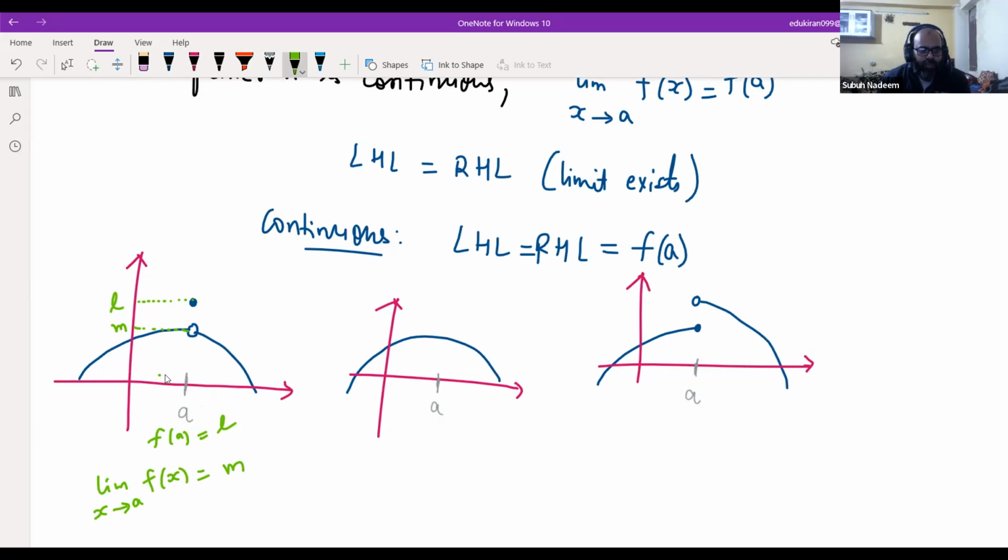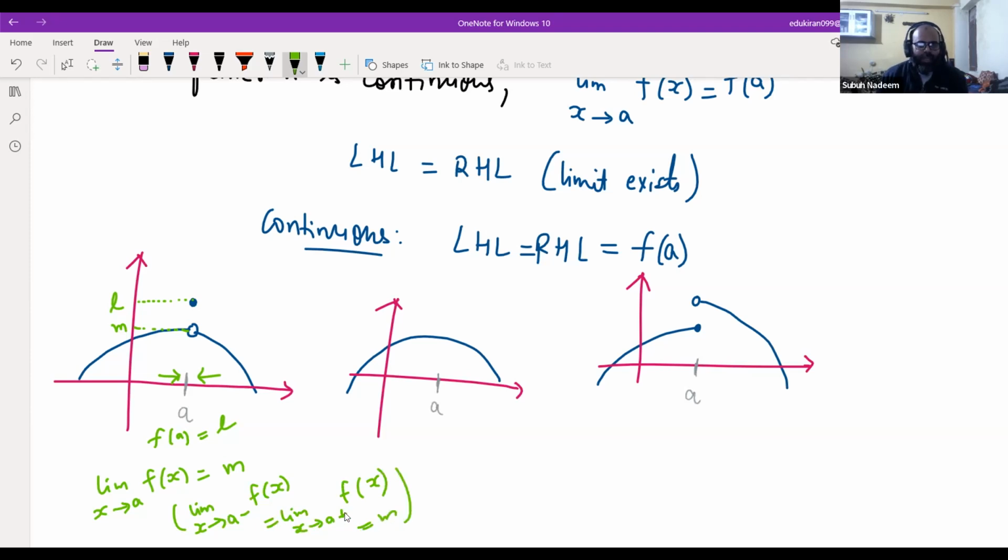You are approaching A from the left or from the right. In both situations, you will get M. So I'm writing in one go that limit x approaching A f(x) is M. You can write it like this also, limit x approaching A minus f(x) is same as limit x approaching A plus f(x) is equal to M.